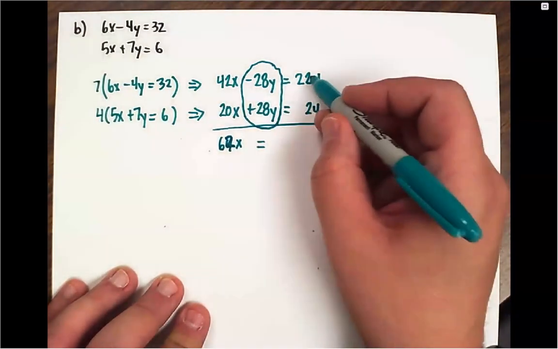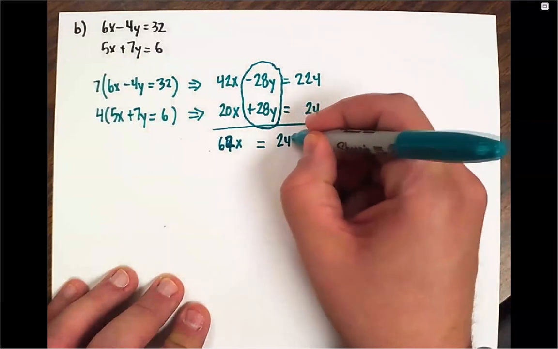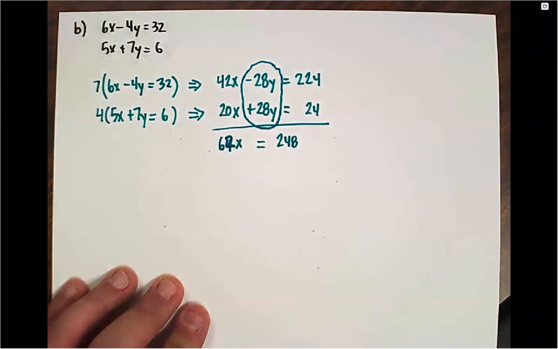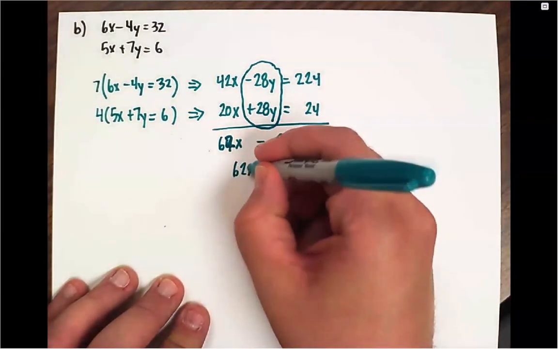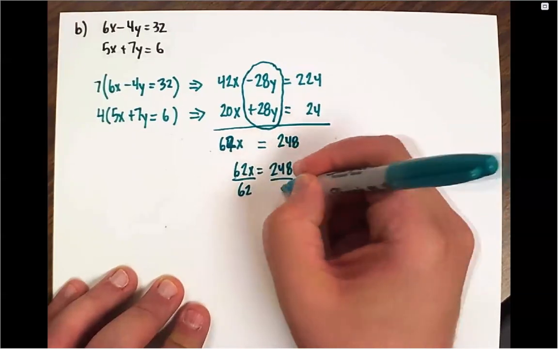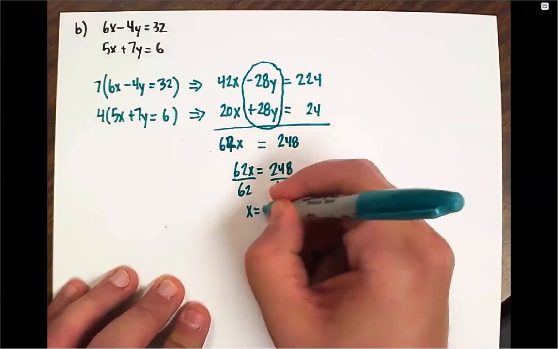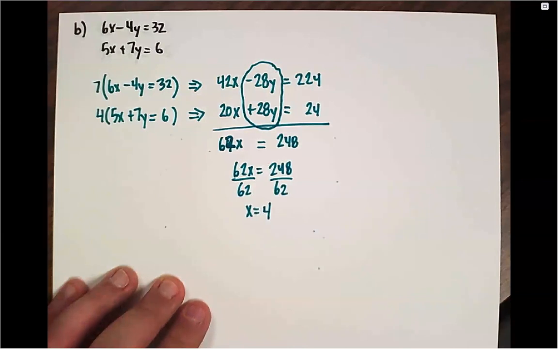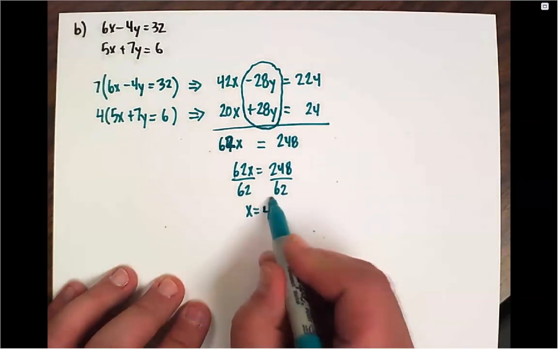And then 224 plus 24 is 248. So 62x equals 248. If I divide both sides by 62, I get x equals 4. So I know what x is.